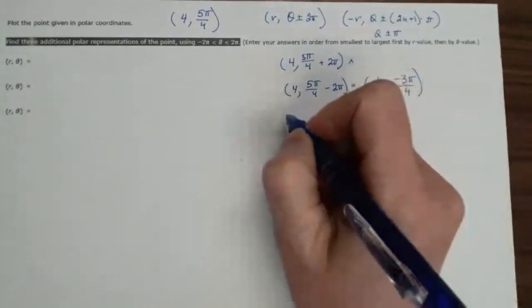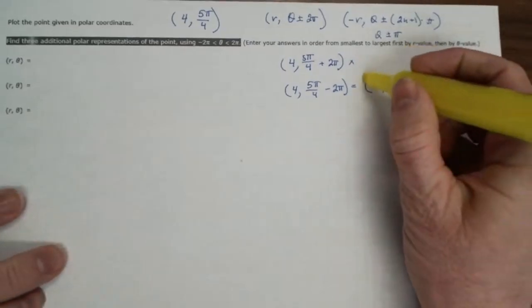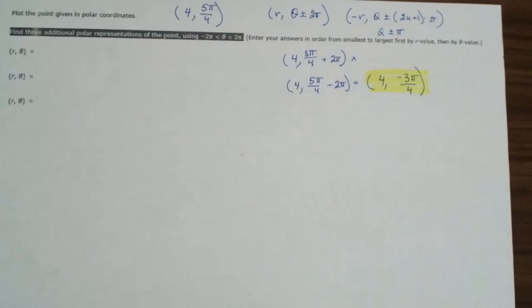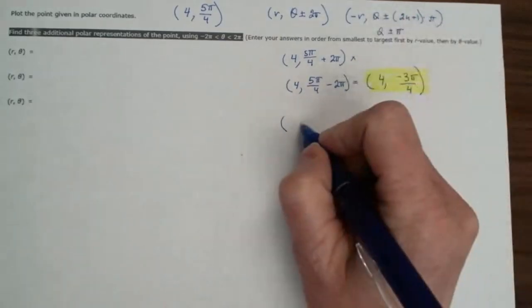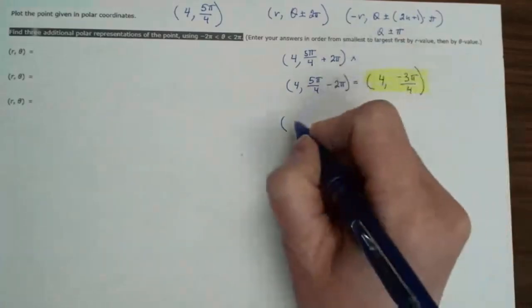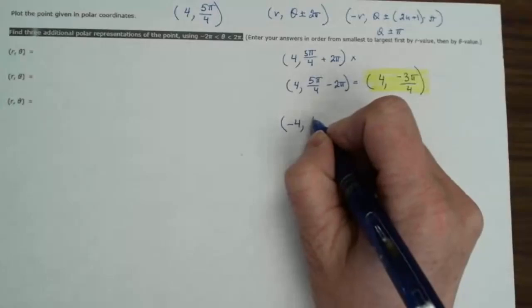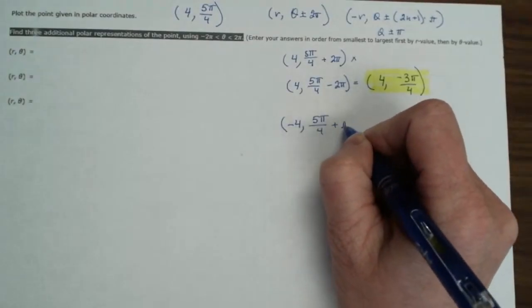Okay, let's look for the next answer. And again, I want to keep it visual. This is one of my answers. So now, to use the second rule, we have to flip the sign here. We have 5π/4, we will add π.